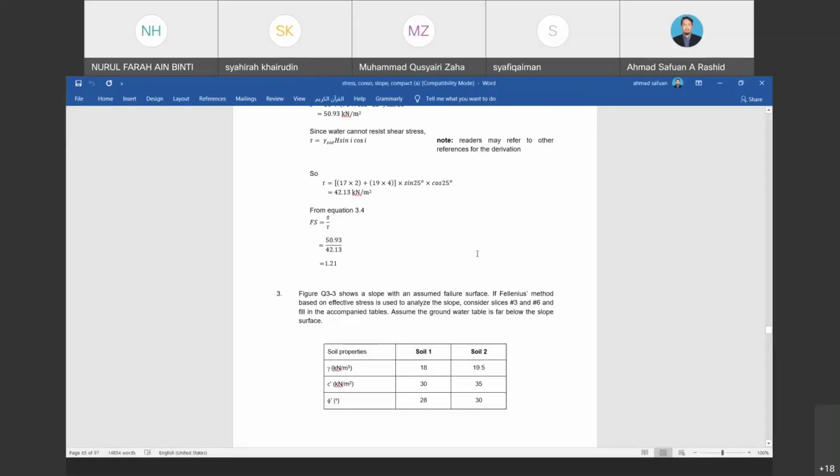So for this example number 3, we use the Fellenius method, which is based on effective stress, to analyze the slope. However, for this case, the example only considers slice number 3 and slice number 4.